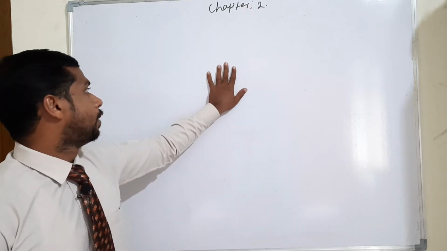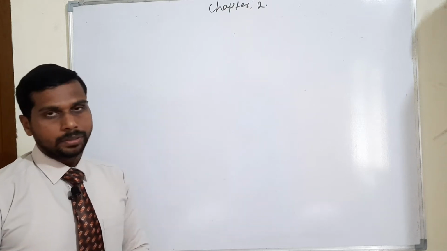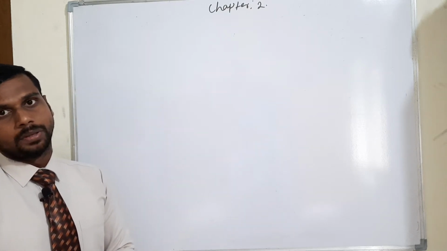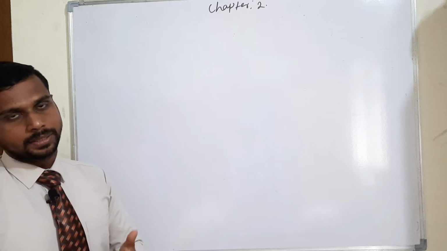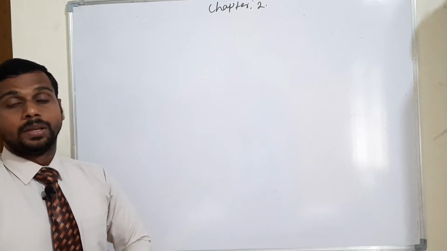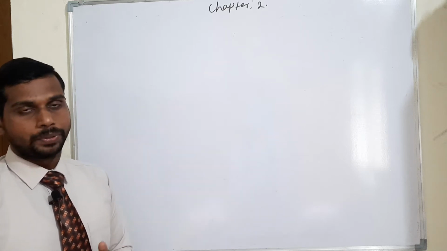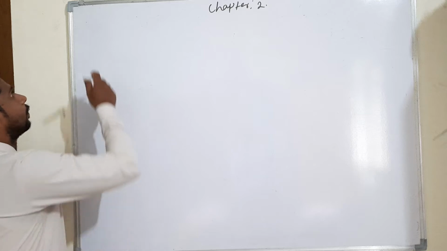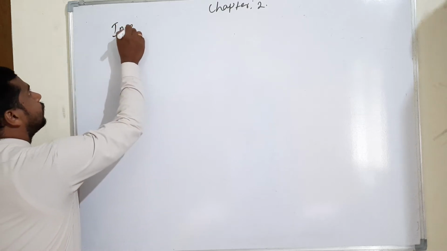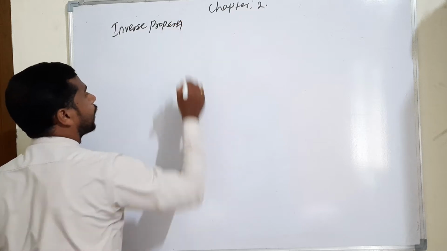Now moving to the continuation of the concept. I already completed the basic concept and part 2. In part 2 we discussed some types of complex numbers, then properties of complex numbers. This is also a continuation of properties: the inverse property. We have two types of inverse.